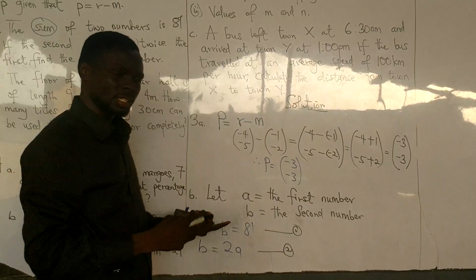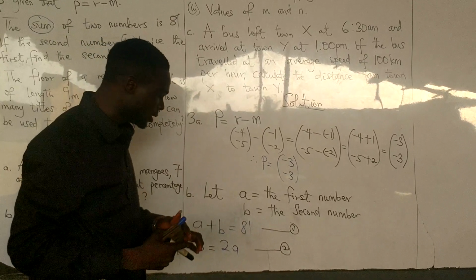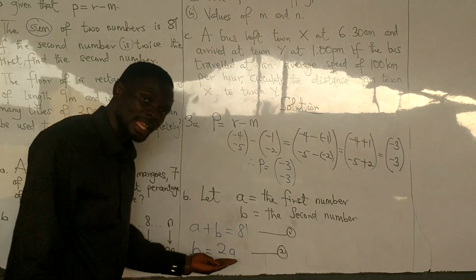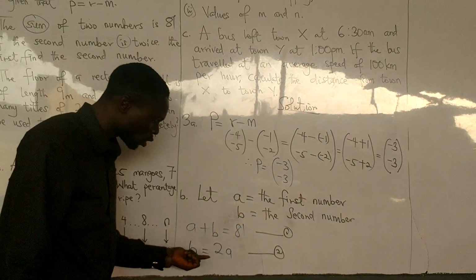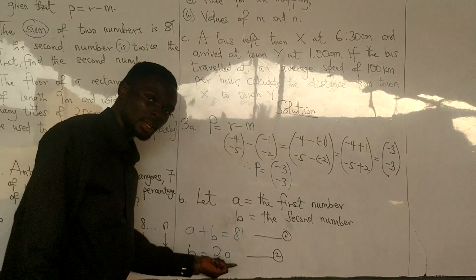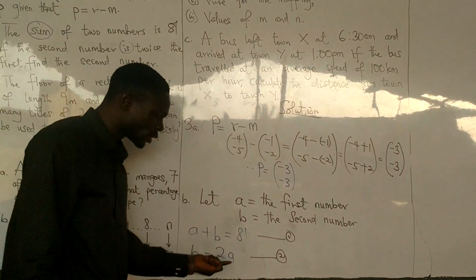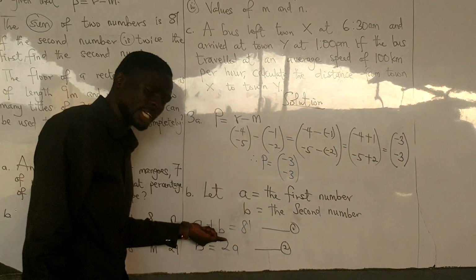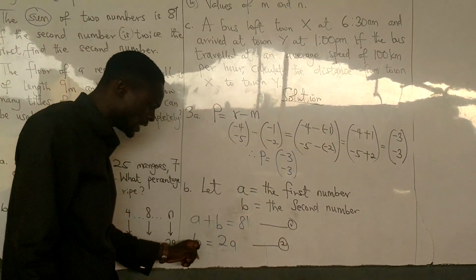To solve these equations simultaneously, we can see clearly that equation 2 says that b is equal to 2a. So we are going to put equation 2 into equation 1 where b is.